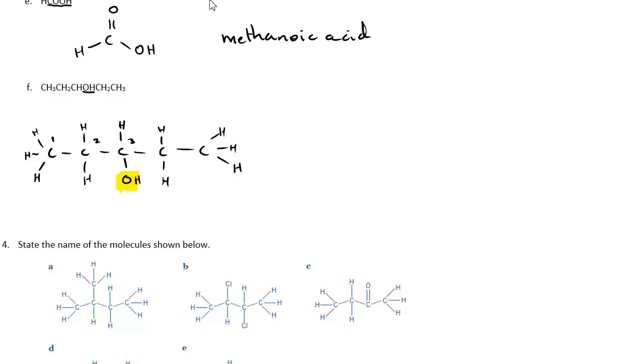So this is 5 carbons long, so it would be considered pentanol. But because this OH functional group is on the 3rd carbon, we would call it pentan-3-ol. Or you could also put the 3 in front, which is not recommended, but you can do it. Wouldn't be wrong in this situation.